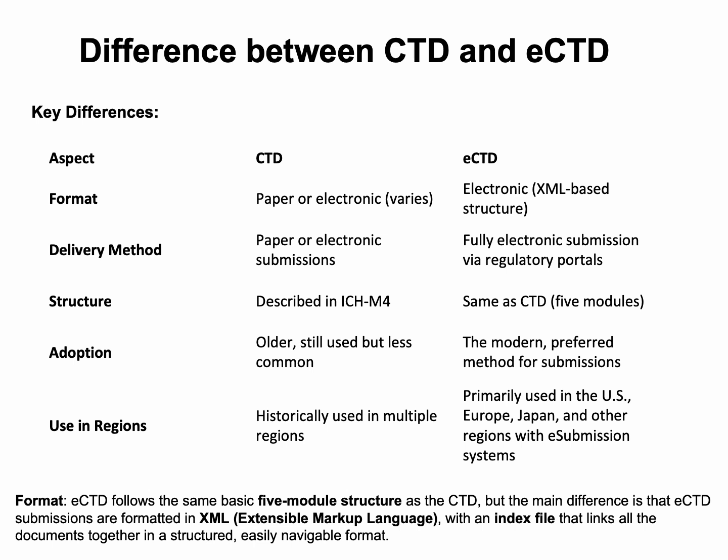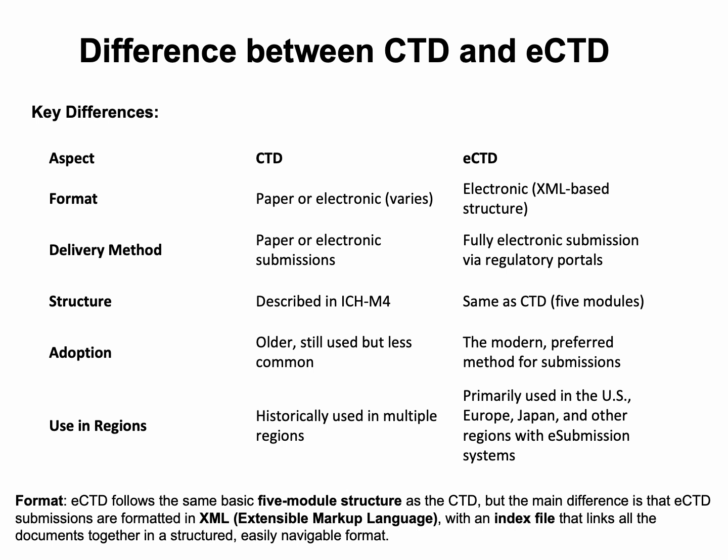Okay, so this table is just showing the differences between the CTD and eCTD. As I already mentioned, the format of the CTD, as we can see in the structure, is described in ICH-M4. And the format or the structure of eCTD is the same as CTD. It has 5 modules.